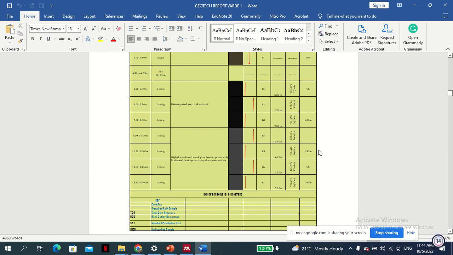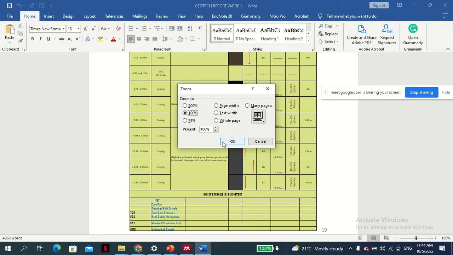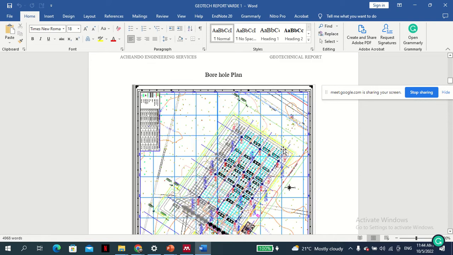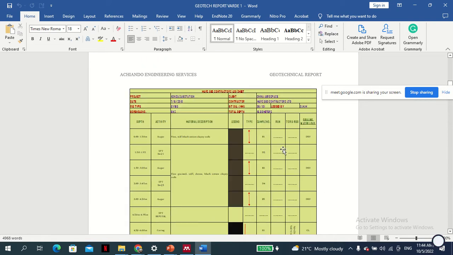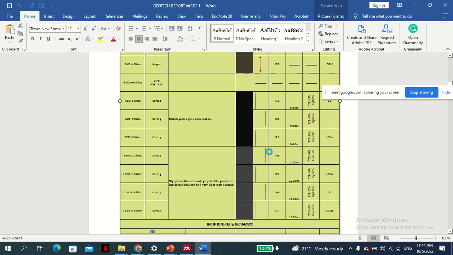You can see here in the logging we have the total core recovery, for example 67, and RQD is 20%. So this is what I'm trying to tell you.